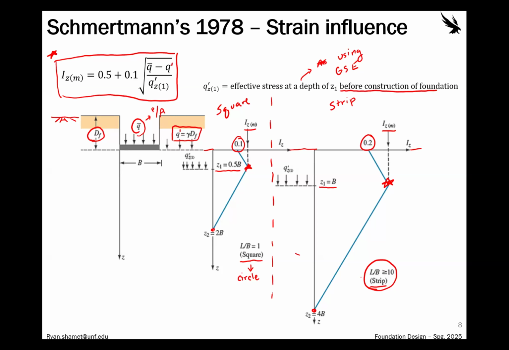So this is our in situ effective stress. So that's this one. That's again why that was one of the important parameters that we needed to learn in total stress and pore water pressure, because it's used here. So that's that q z1.